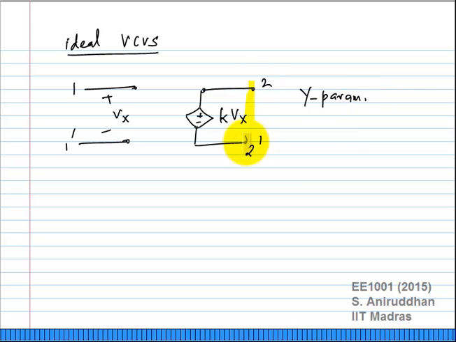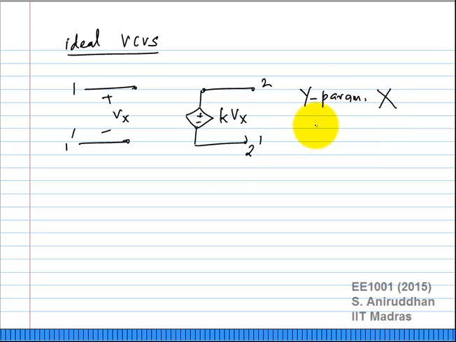Can you apply a short circuit here while applying a voltage at the input? No, you can't, because you'll get an infinite current, right? That will obviously give you an infinity somewhere in the Y parameters. Okay, so you don't want to do this. So these will not be suitable for this.